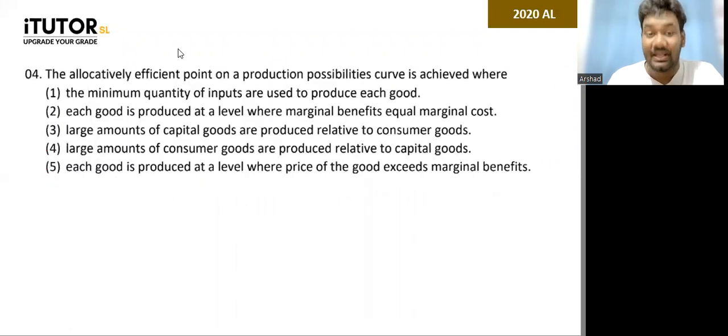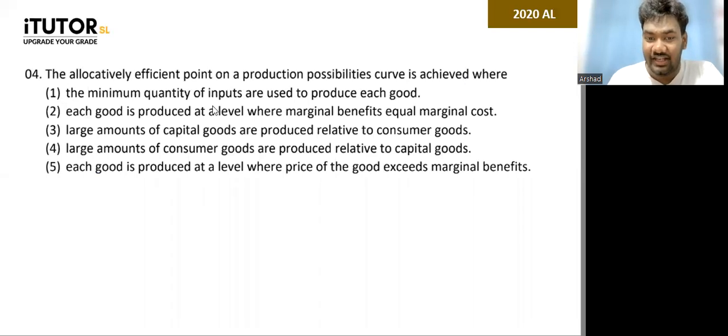Question number 4. Allocatively efficient point on a production possibilities curve is achieved where? This we also highlighted in previous MCQs. I said when something and something is equal, you have allocative efficiency, and don't confuse this with the profit maximizing level of output. Which one, guys?